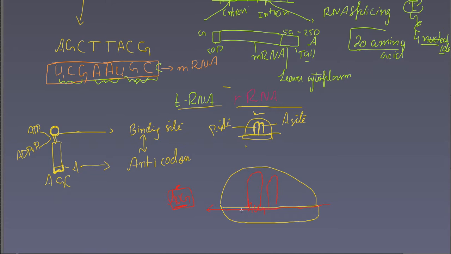This part of the RNA has already left, but the encoding doesn't start until the AUG comes along. So as the AUG comes along, it starts the encoding of proteins.